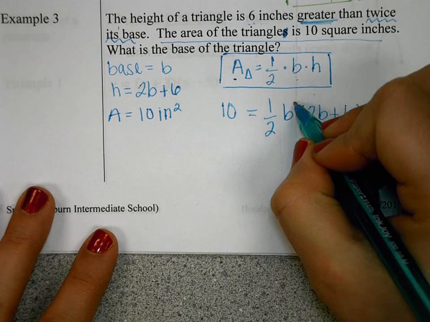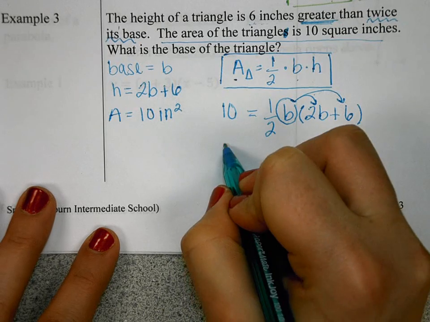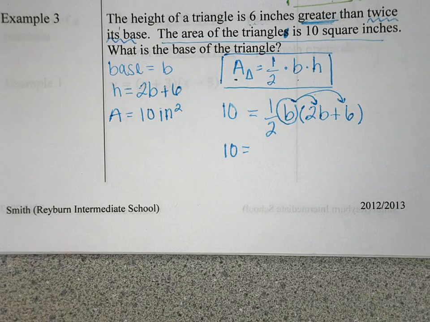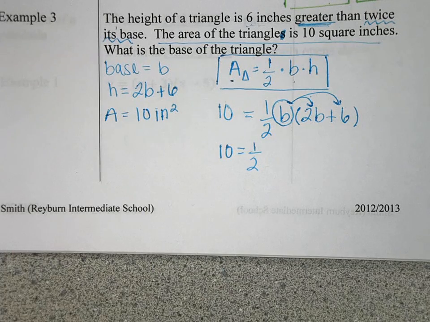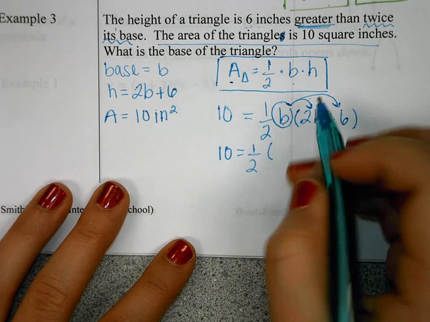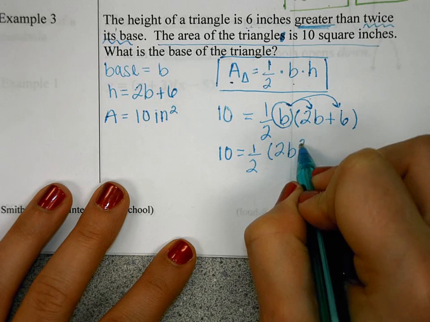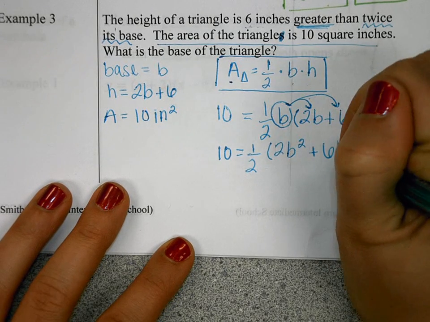Yeah, we can take that b and distribute it. So that's going to give us 10 equals 1/2, it doesn't go away, times b times 2b gives me 2b squared plus 6 times b, 6b.